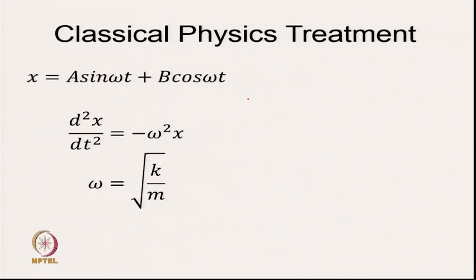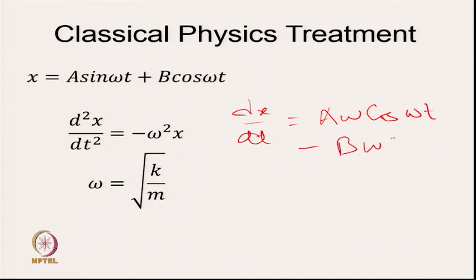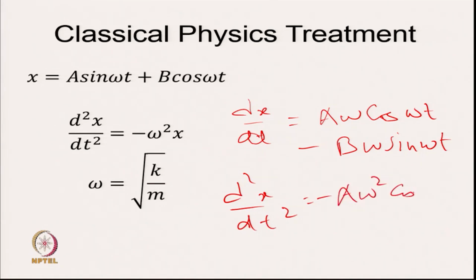So, if you do dx by dt, what you are going to get is a omega cos omega t minus b omega sin omega t. And if you do the double differential of this, what you are going to get is minus a omega square sin omega t minus b omega square cos omega t.